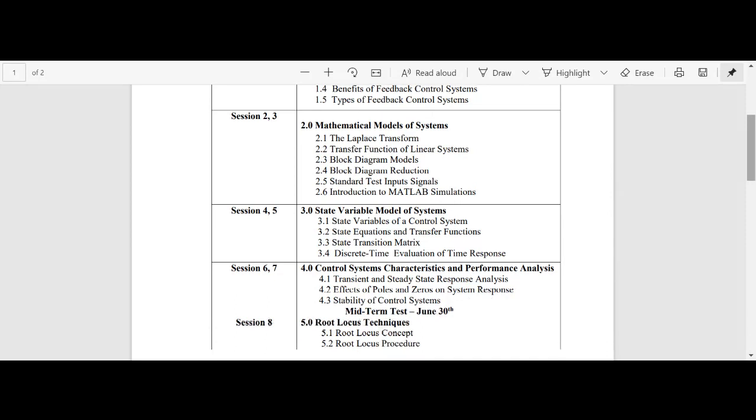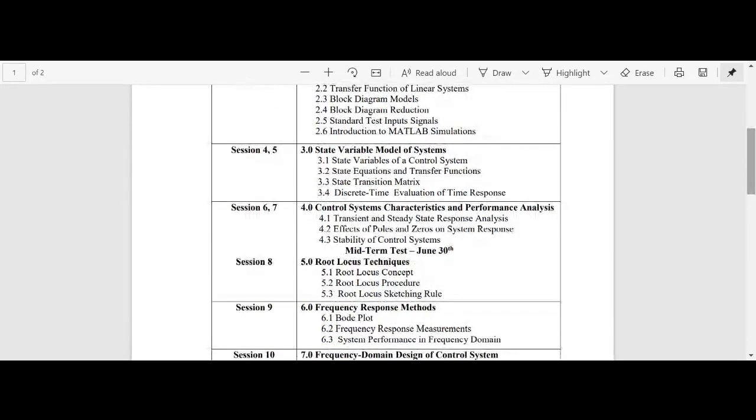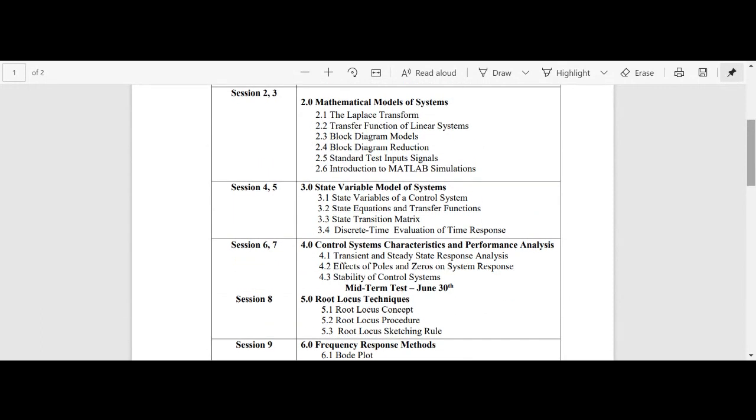Unit 3 will be concerned with state space modeling. Again, we're still into modeling, but a different type of modeling. So units 2, 3, 4, and 5 will be concerned with mathematical modeling.